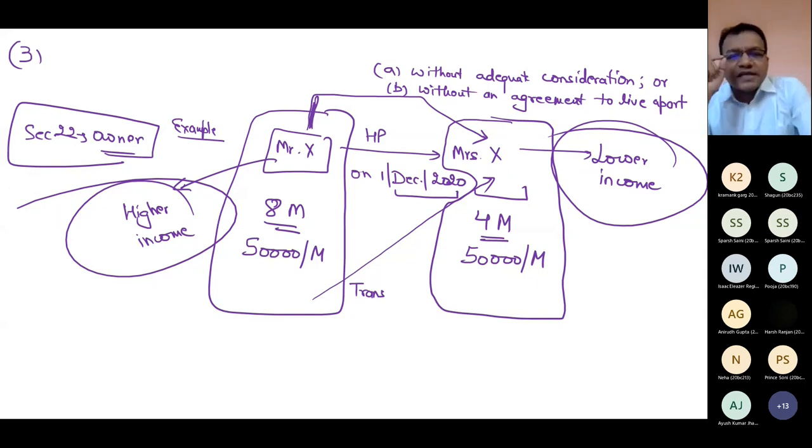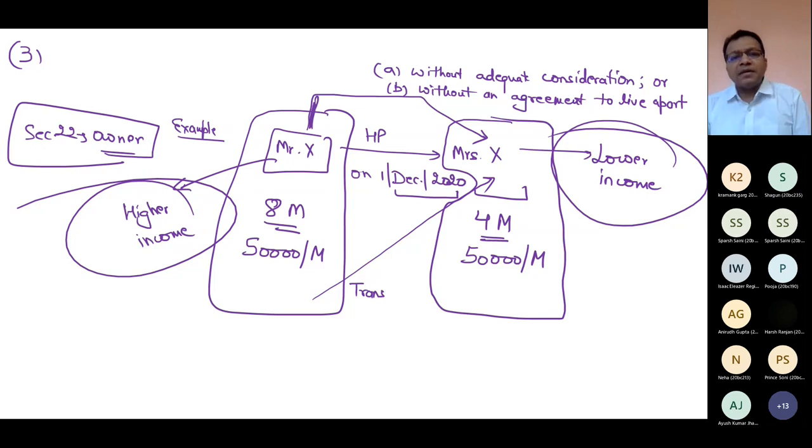X knows that under section 22 only the owner is taxable. So he wanted to make his wife the owner for the remaining 4 months, so that for those remaining 4 months she would pay the tax.